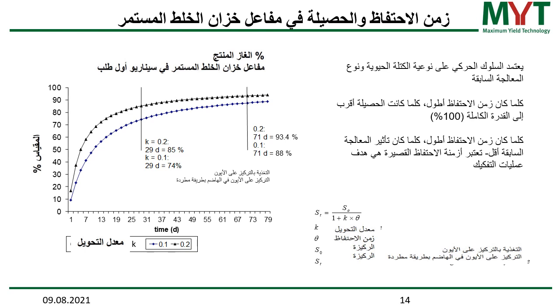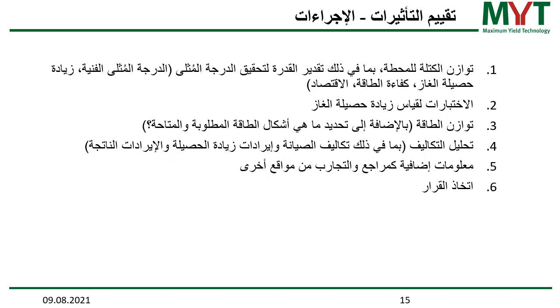So again, what I said on the slide before, if you would change your substrate from the blue curve to the black curve by applying a pretreatment technology, then your impact on your gas yield would be much higher if you have a process which is operating at 29 days retention time compared to a process which is operating at 71-day retention time.